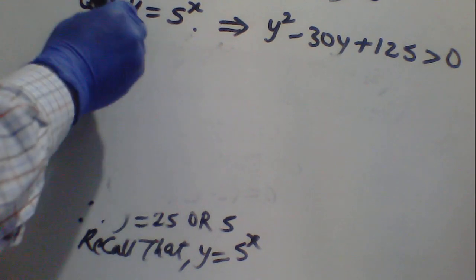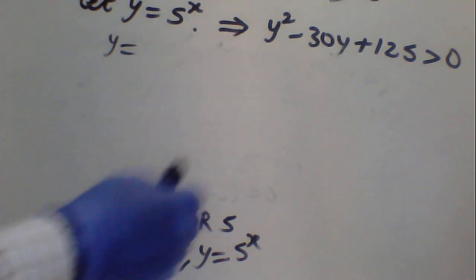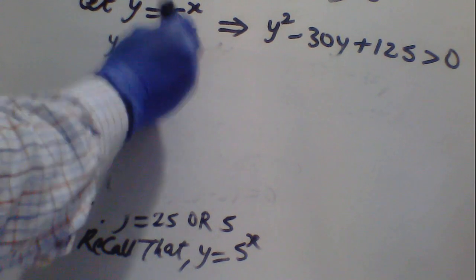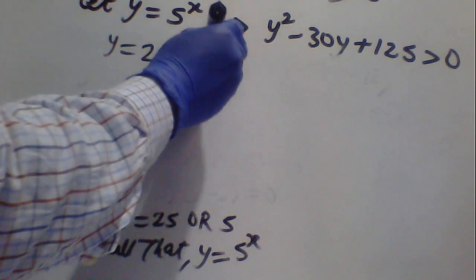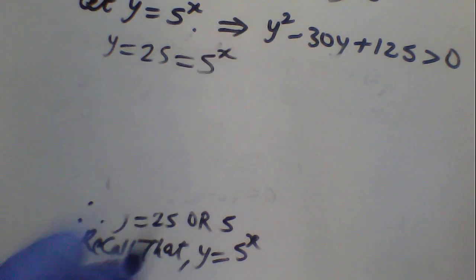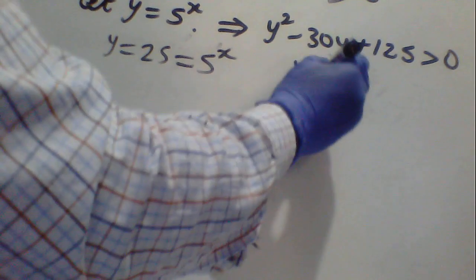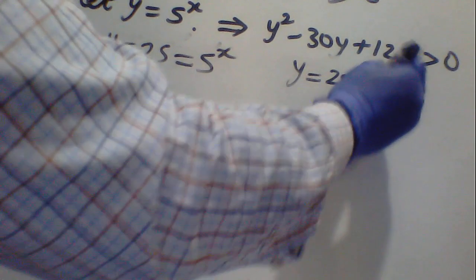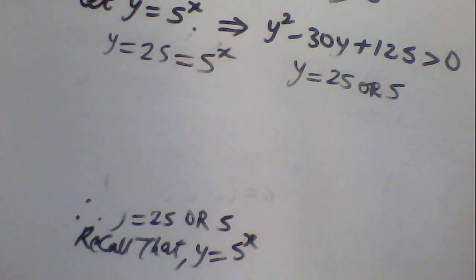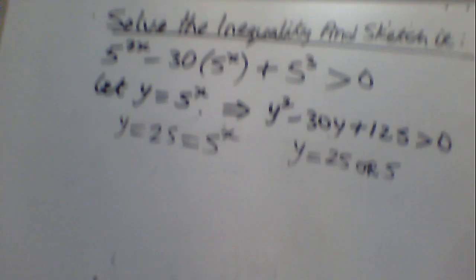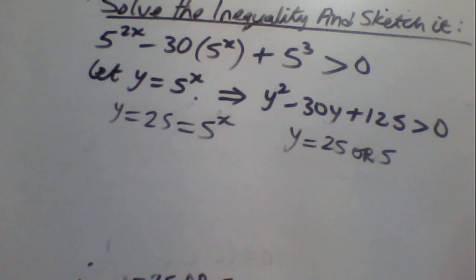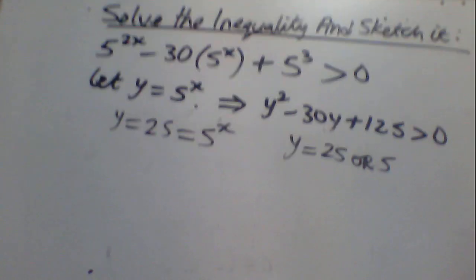So from here we can say that y is equal to 25, and also it is equal to 5 raised to power x. Remember, we have y to be equal to 25 or 5. So from here we can solve it.